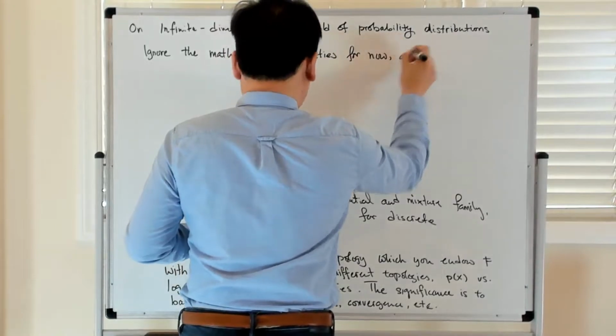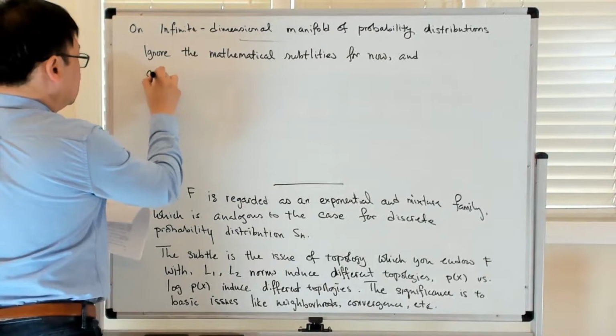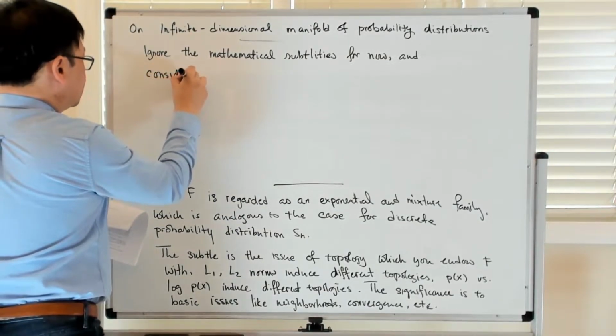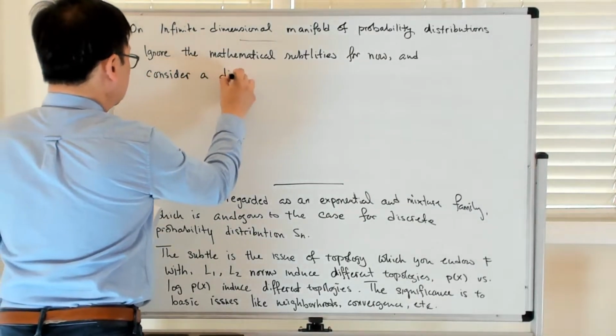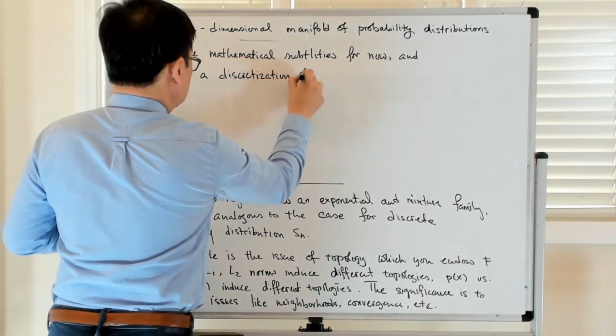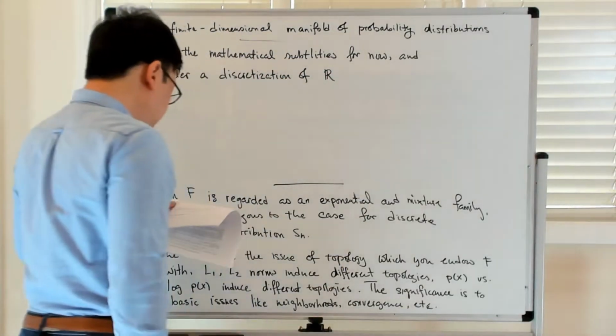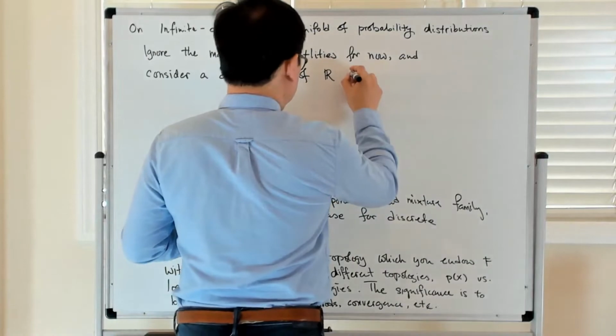And consider the discretization of, say, the real number line into n+1 intervals.